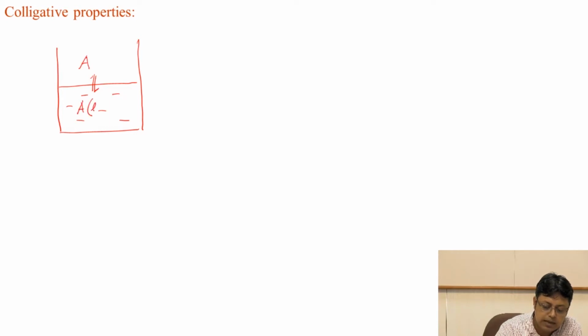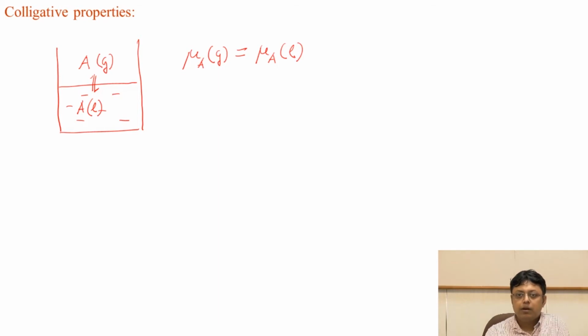So suppose I write it as A liquid, A gas, and when boiling happens, what it means is that the chemical potential of A in the gas phase must be equal to the chemical potential of the liquid itself, at that temperature, which is known as the boiling temperature, and also at that particular pressure. If the chemical potentials are equal, that is the condition for boiling: the liquid is in equilibrium with the vapor and it starts boiling.